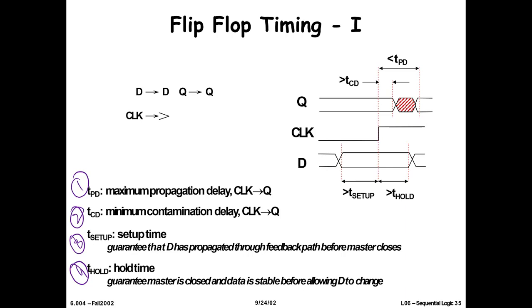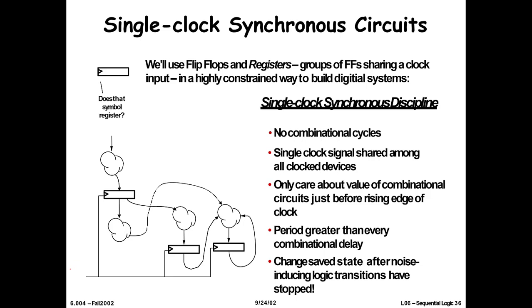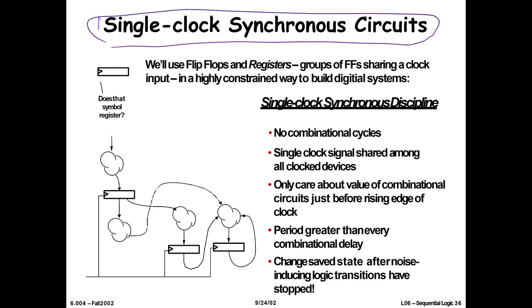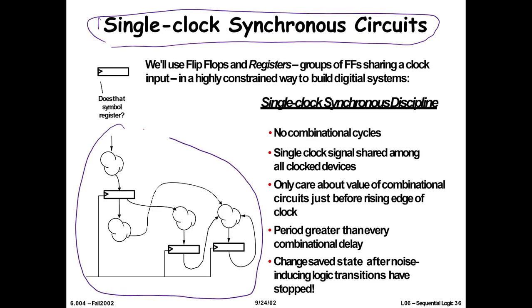Okay, and then if we consider a single clock synchronous discipline, which says that if this is your whole circuit, and this is our cloud 1, cloud 2, cloud 3, cloud 4. So this may be a complete microprocessor, and for example, cloud 1 may be an ALU. So the output of the ALU goes to a register.